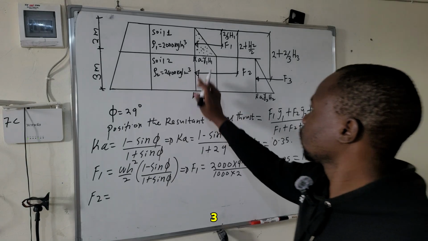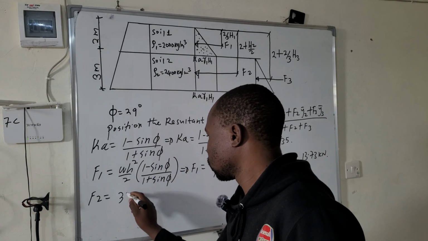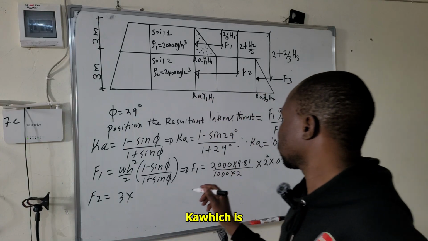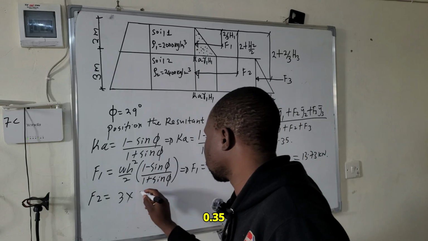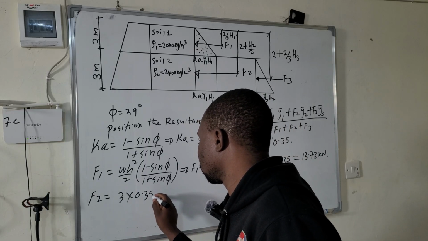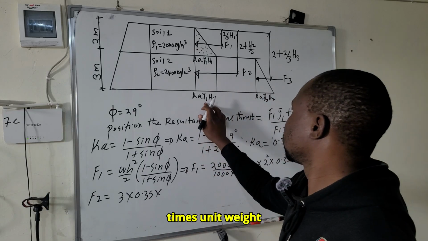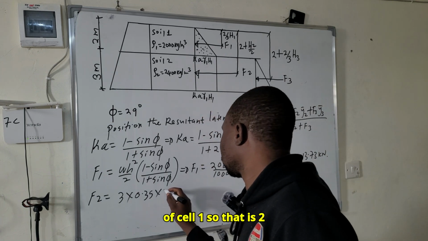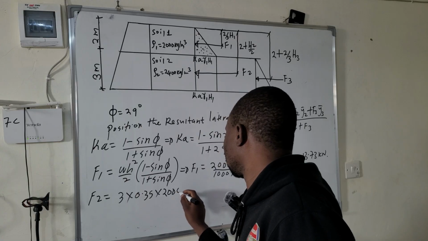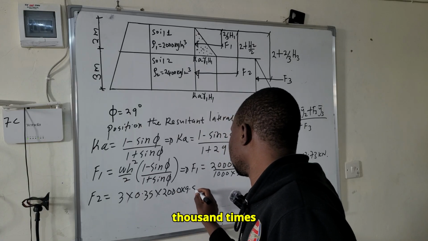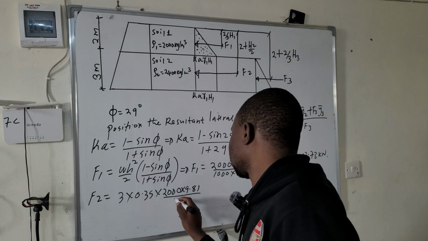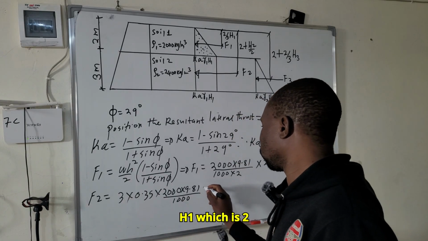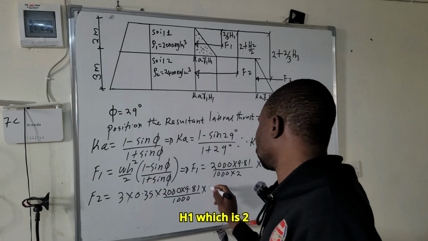And we have 3 times the base, Ka, which is 0.35, times the unit weight of soil 1, so that is 2000 times 9.81 over 1000, times H1, which is 2.